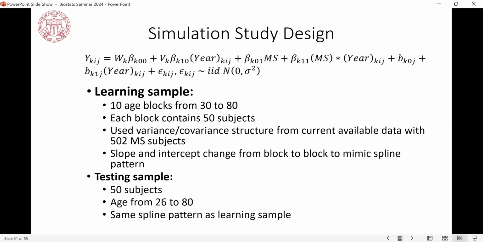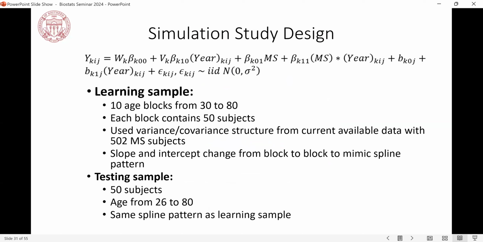Of course, as statisticians, we always want to simulate data before we play with the model we have. Simulating the spline model is not trivial, and you have to simulate exactly the same shape. So what we did is use a piecewise approach.